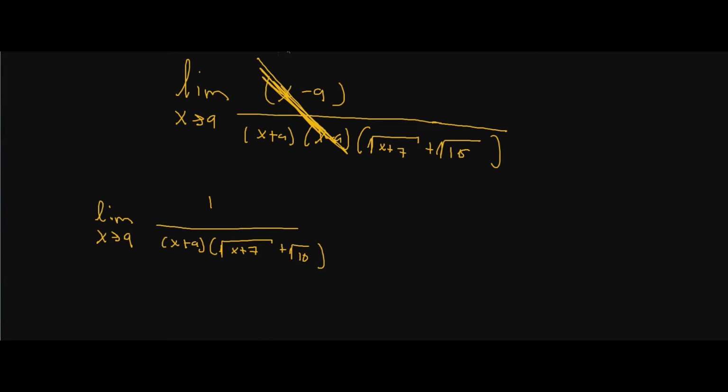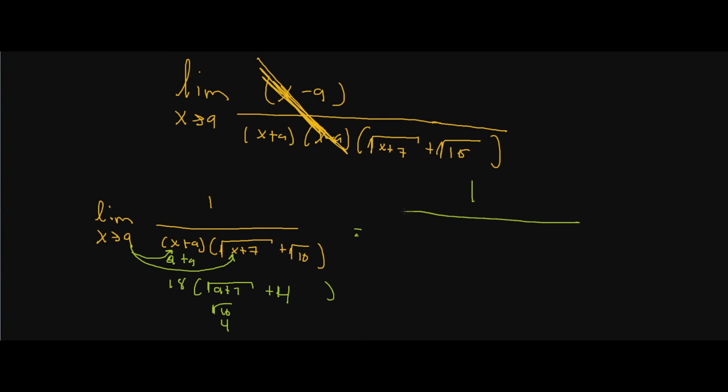Now I can take the 9 and put it in for all the x values, because I'll no longer get a 0 on the bottom. If I plug in 9 here, I'm going to get 9 plus 9, which gives me 18. Down over here, I'm going to get the square root of 9 plus 7 plus the square root of 16, and the square root of 16 is 4. This right here is the square root of 16, and that also becomes 4.